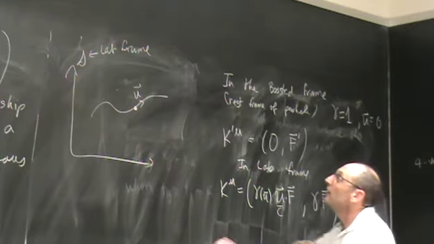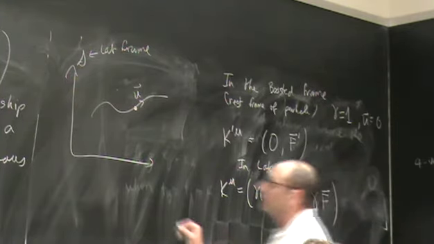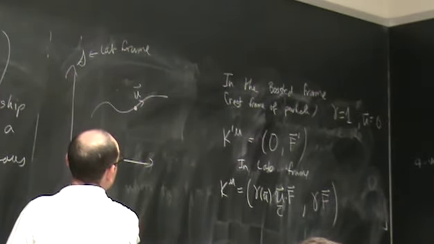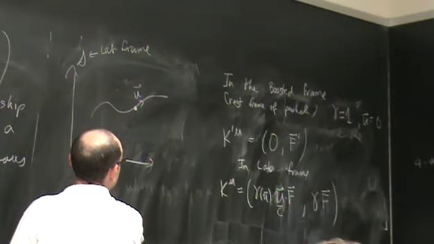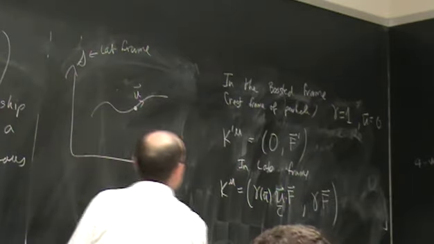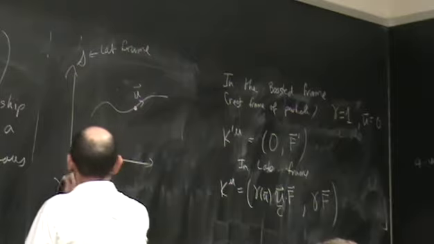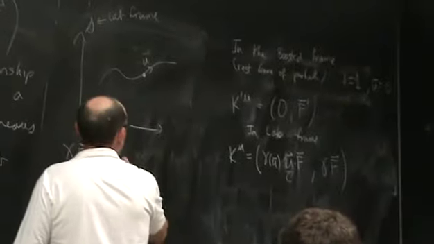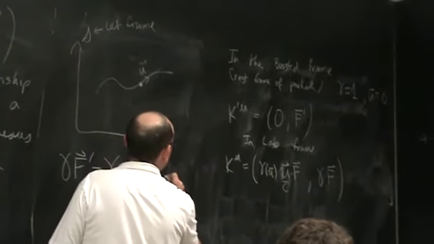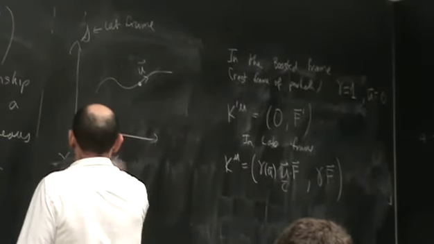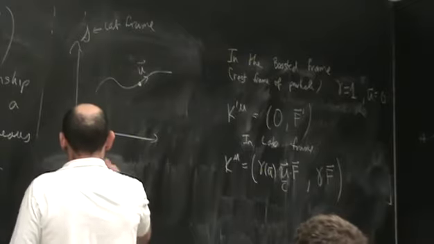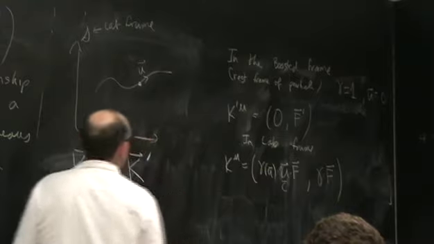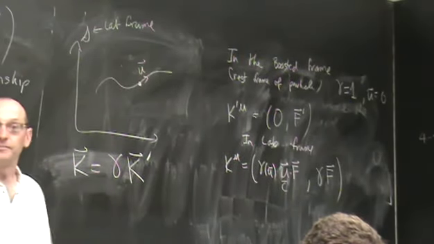So if we go into the lab frame, boost backwards, gamma f is equal to gamma, so I should write it this way, K is equal to gamma K prime, because K⁰ is 0.